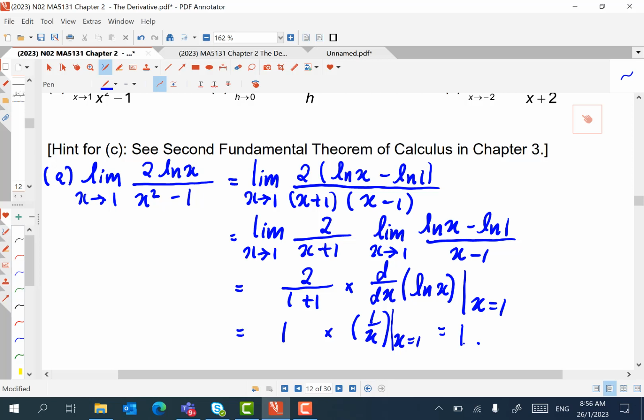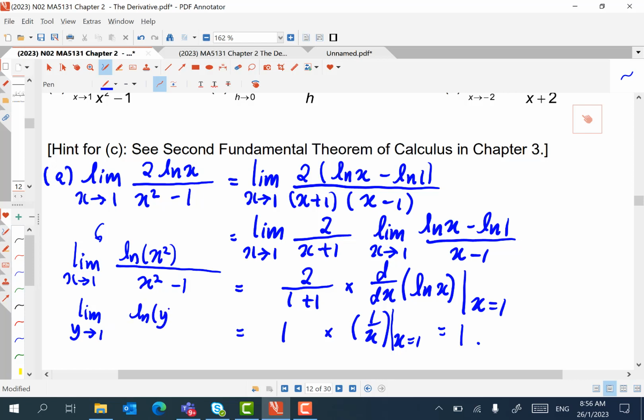You could have potentially done it differently. No? Okay, for those who want to actually do it differently, some people do it like this. And then this gives you a limit as y tends to 1 of y minus 1.